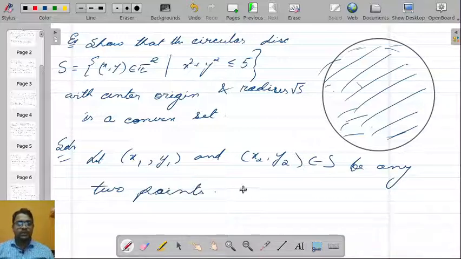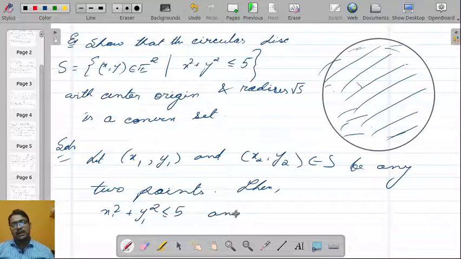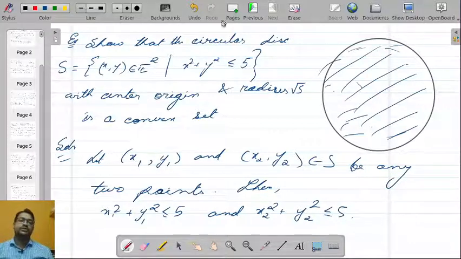Then by the given condition, x1 square plus y1 square is always less than or equal to 5, and x2 square plus y2 square is always less than or equal to 5. This is already there.